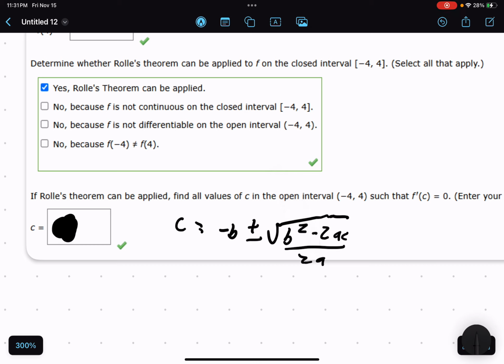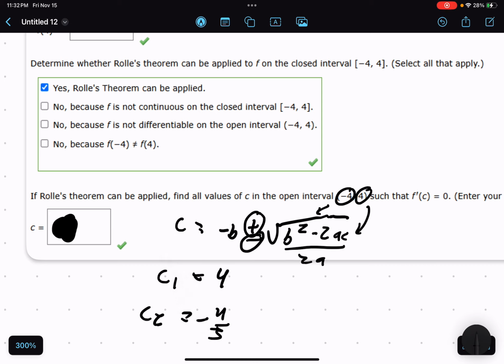So we're going to plug in both of these values into this equation. And when you do so, you should get two values. For C1, where we use the plus symbol, you should get 4. And for C2, where we use the minus symbol, you should get -4/3.